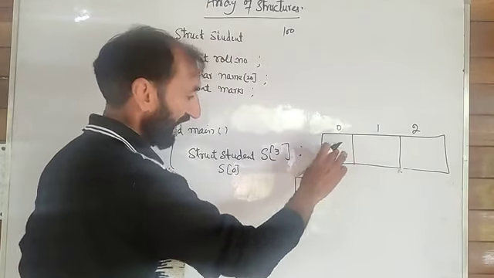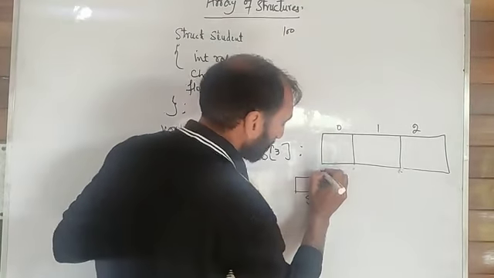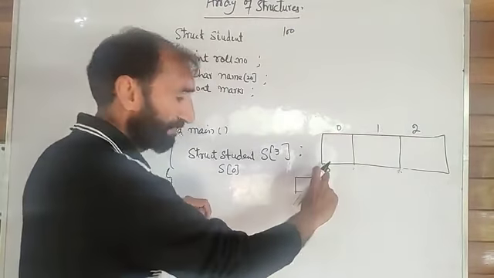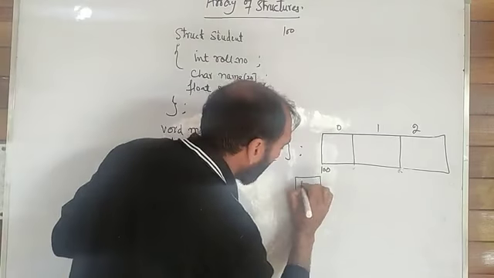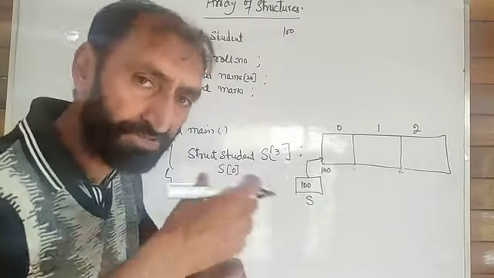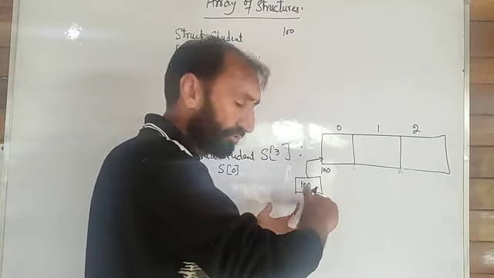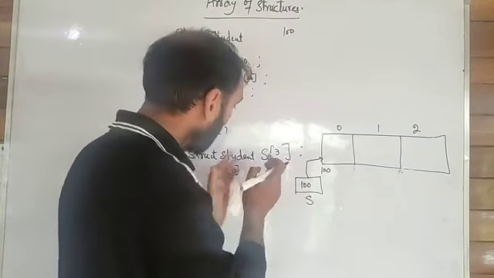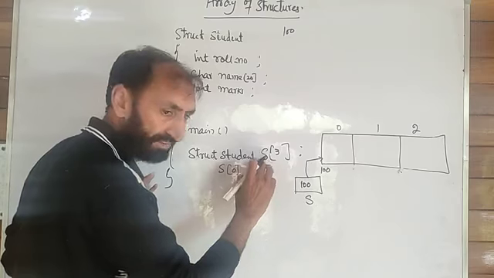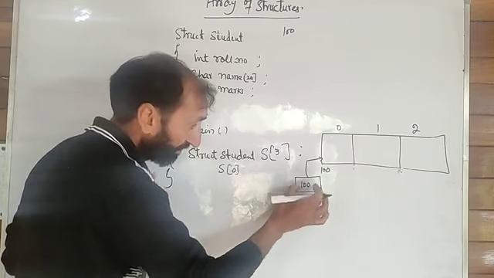What does S store? Actually, for example, 100 is the base address of this array. This S contains the base address of the array. We can say the address of the first byte of the array is going to be stored in this S. So the name of this struct student variable, this object, contains the address of the first byte.